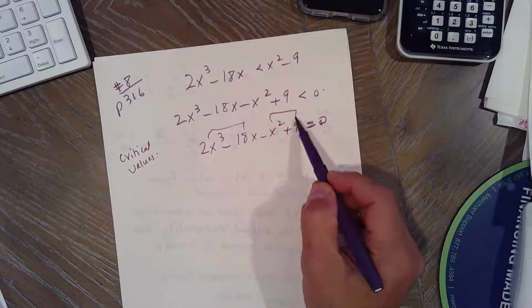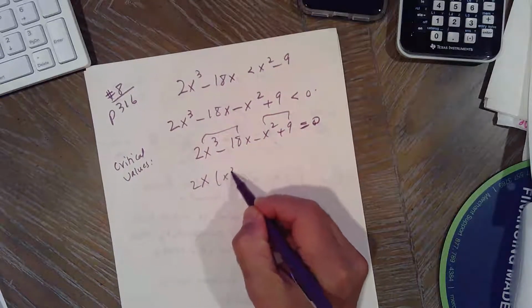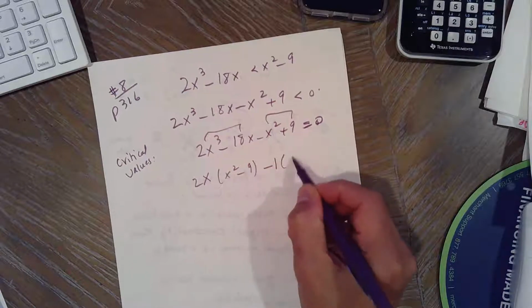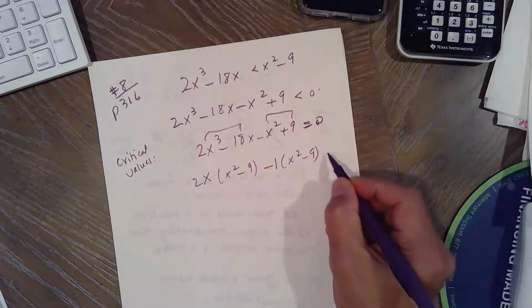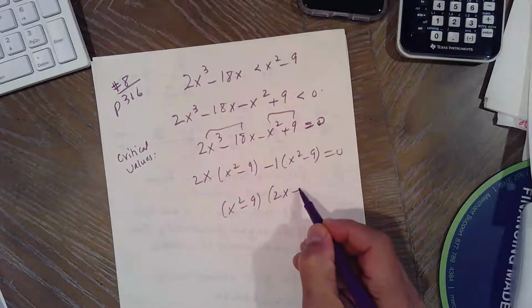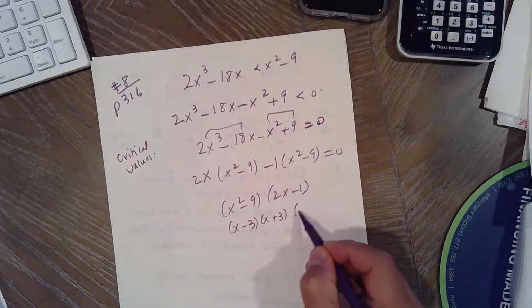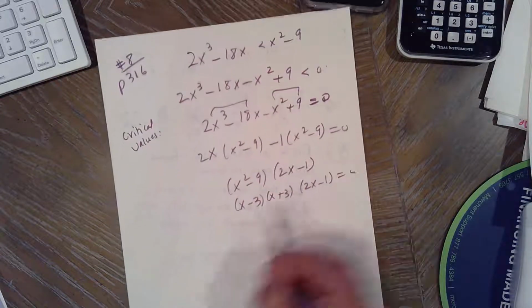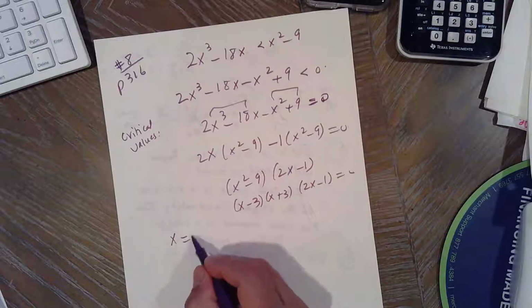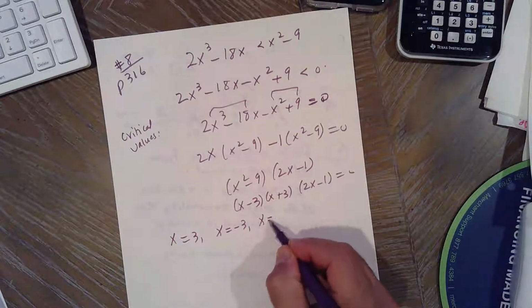So if we group that, factoring out 2x, we get x squared minus 9, minus 1, x squared minus 9. That's the easiest way to solve if it factors. So it does work. So x minus 3, x plus 3, 2x minus 1. So we got three critical values: 3, -3, and 1/2.